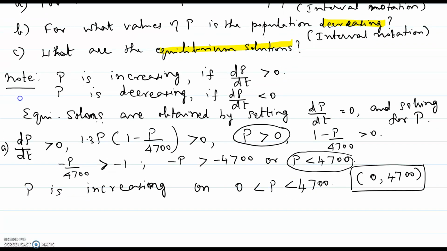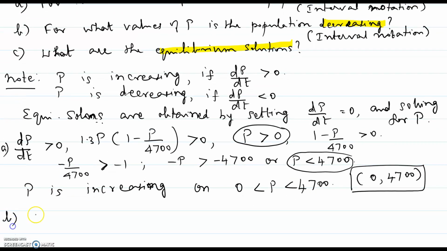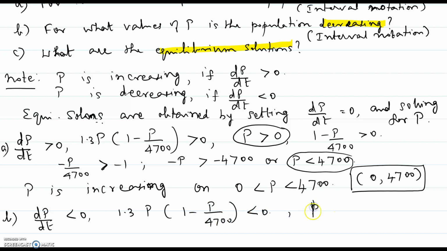The second part, where is it decreasing? The population is decreasing when the derivative is less than 0, or 1.3 times P times (1 - P/4700) must be less than 0. But P can never be smaller than 0, so it's always more than 0. So 1 - P/4700 must be less than 0 for this inequality to be less than 0.